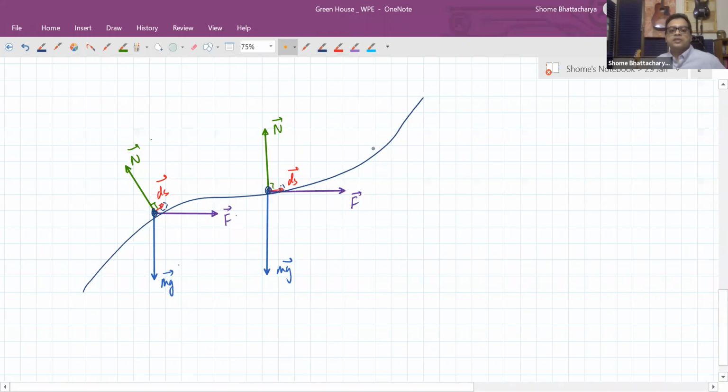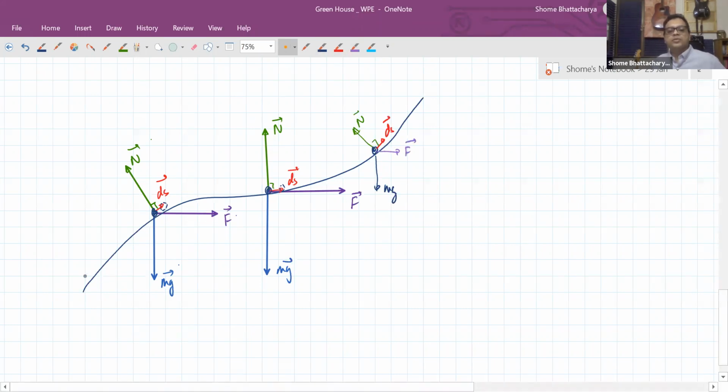So you can see that everywhere the differential displacement and the normal reaction will be perpendicular to each other. Whereas the other two forces mg and F remain constant.